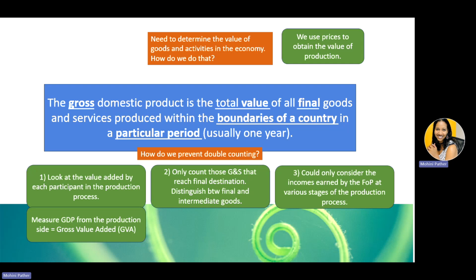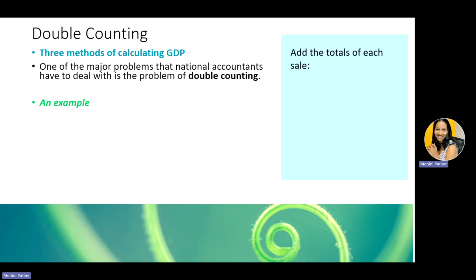That is what we calculate when we're calculating GVA. It is still the total value of all the goods and services, but it is not using final goods. It is looking at everyone's contribution. The problem with that is that often the biggest problem we encounter with GDP calculations is double counting.